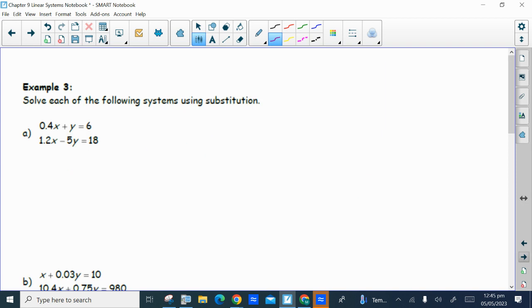All right, looking at example 3, solve using the method of substitution. Again, choose one of the variables, isolate, or one of the equations, isolate one of the variables. I think the easiest way to do this would be to take that first equation and get the letter y by itself by subtracting 0.4x from both sides.